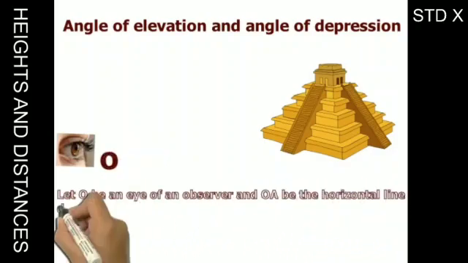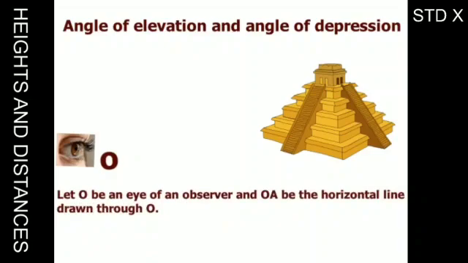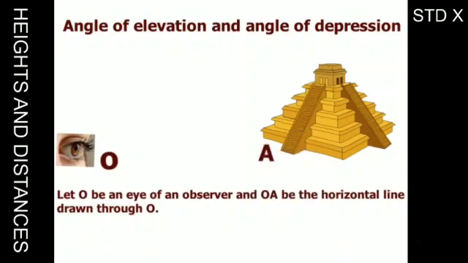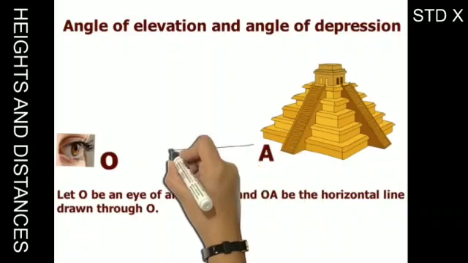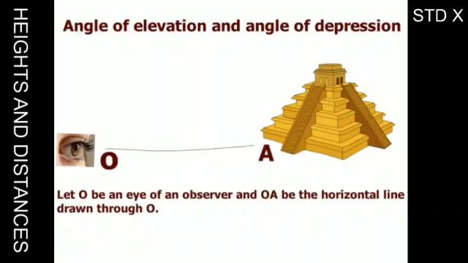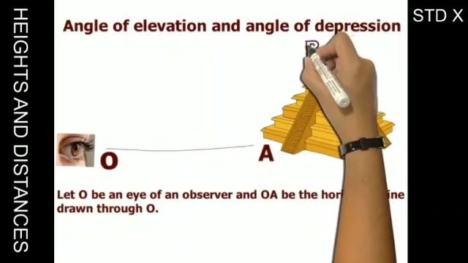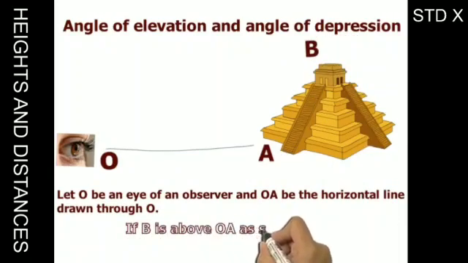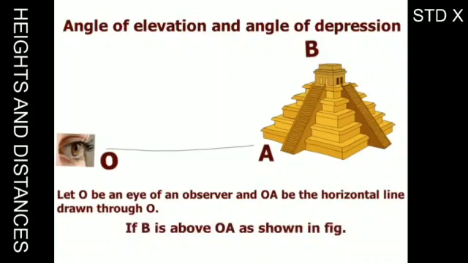Let O be the eye of the observer and OA be the horizontal line through O. Let A be a base point on the minar and let B be the top of the minar.